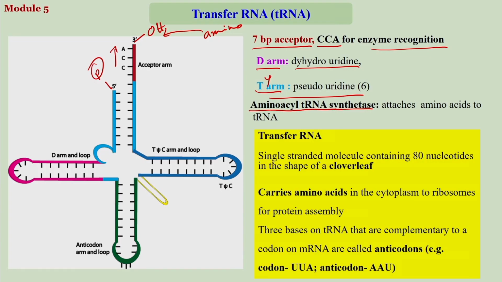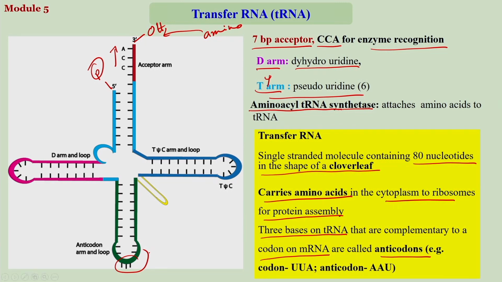As I have said, this is a single stranded molecule containing about 80 nucleotides in the shape of a cloverleaf. Looks like a cloverleaf, isn't it? It carries amino acids in the cytoplasm to ribosomes for protein assembly. We will see that later. The 3 bases on tRNA that are complementary to a codon on the mRNA are called the anticodon.